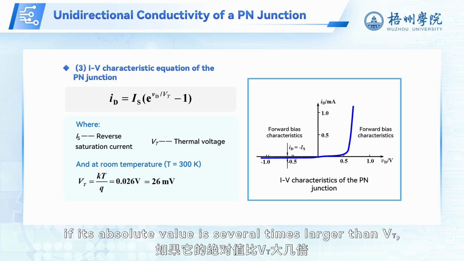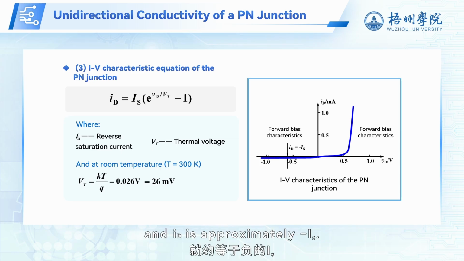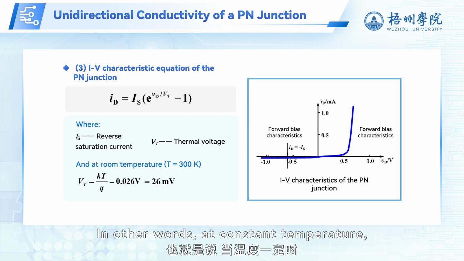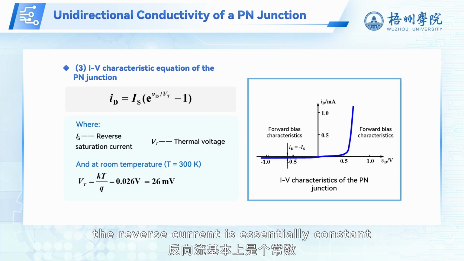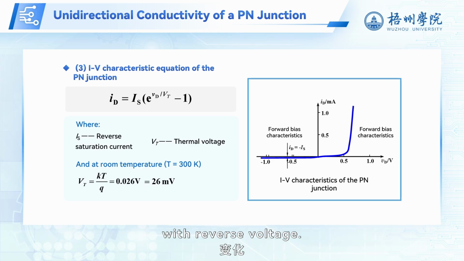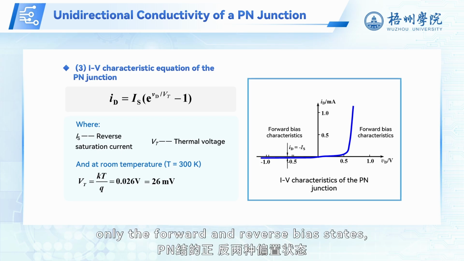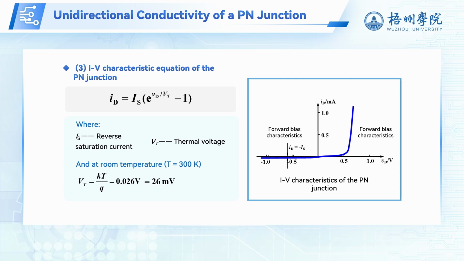If its absolute value is several times larger than Vt, the exponential term approaches 0, and ID is approximately negative Is. In other words, at constant temperature, the reverse current is essentially constant and does not vary significantly with reverse voltage. This exponential equation describes only the forward and reverse bias states, not the reverse breakdown state, which we discuss next.